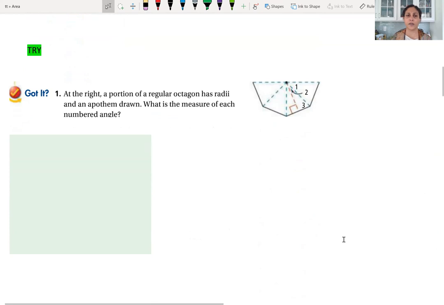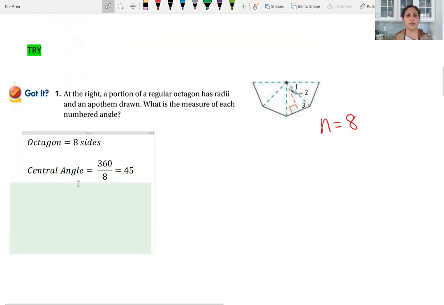And again, this is difficult, so you want to pause the video every time and give it a try on your own. So here I have an octagon. So n is equal to 8. It's an 8-sided figure. And what is the measure of each numbered angle? So if you want to find angle 1, you're going to take 360 and divide it by 8, which is 45.